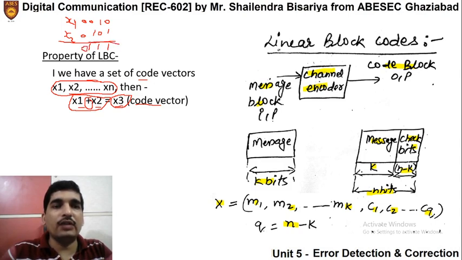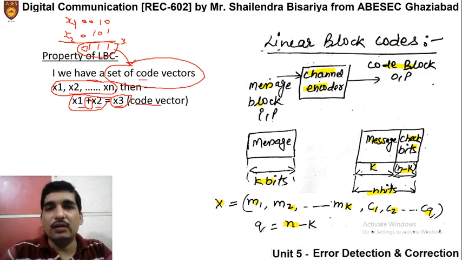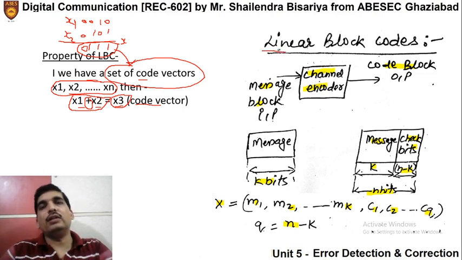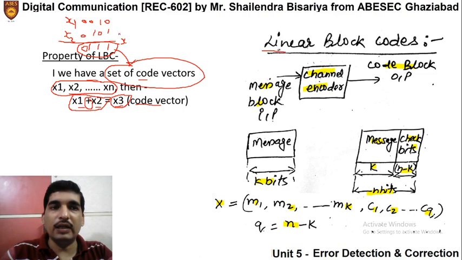So this value 0 1 1 1 must be another code vector in this complete set of code vectors. If it is there, then we can say that these are linear block codes because they follow this linearity property. This is known as the linearity property. Now let us proceed further.